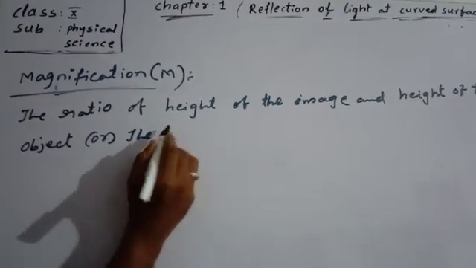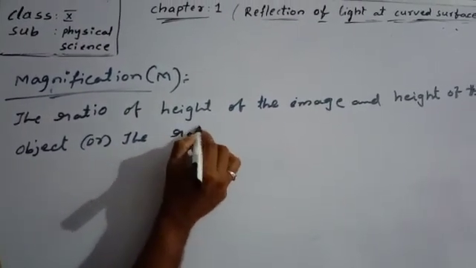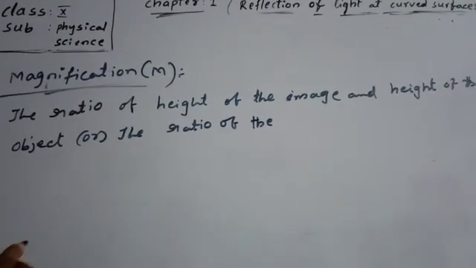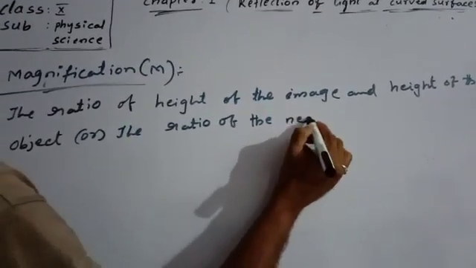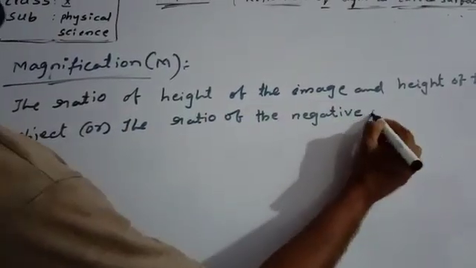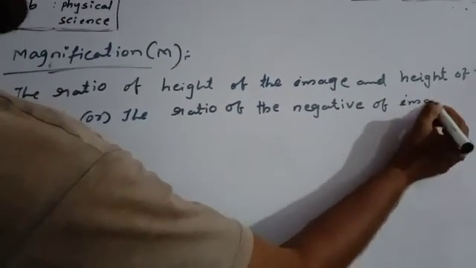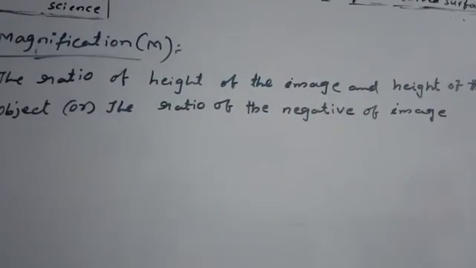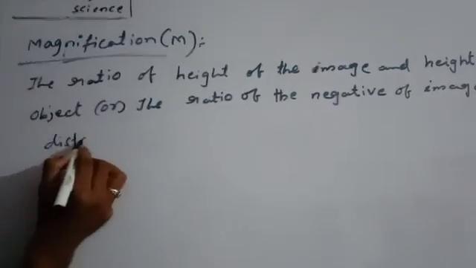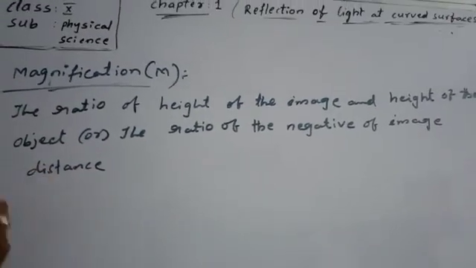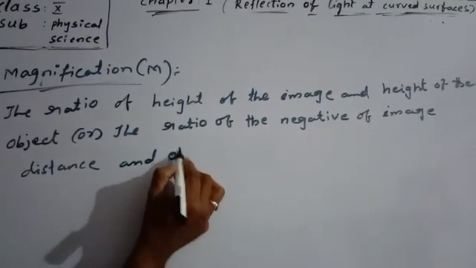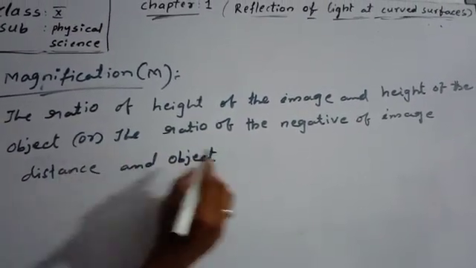Or you can write the ratio of the negative of image distance and object distance.